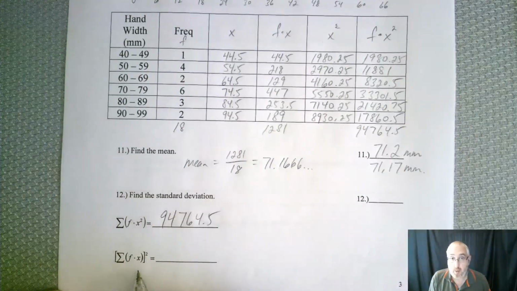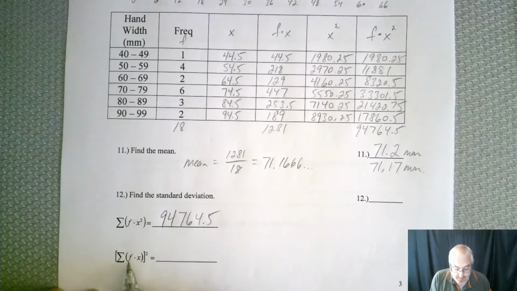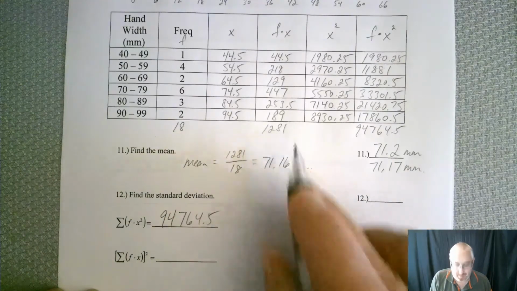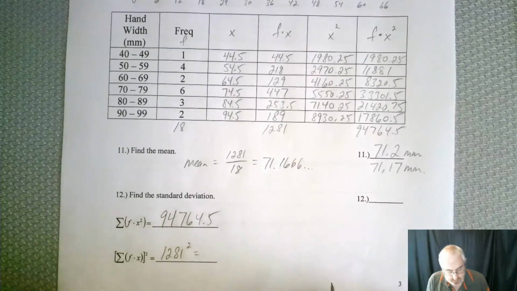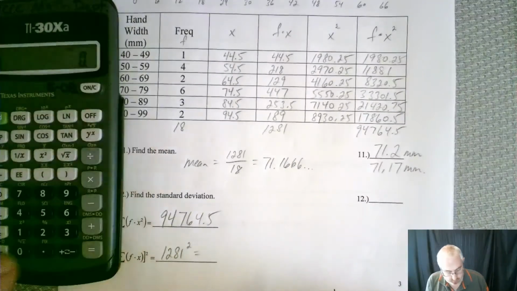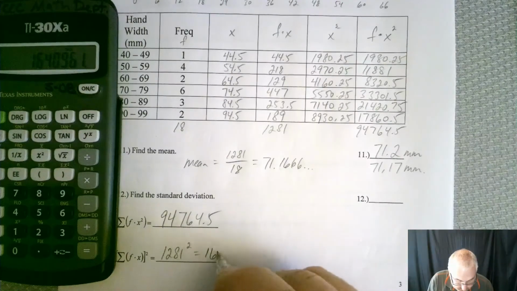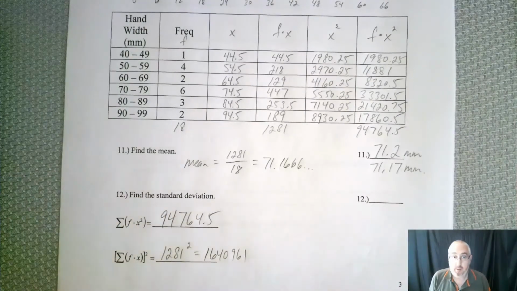Now for the second one, it's a little bit confusing because you got all the brackets and stuff like that, but they want you to add up the f times x column and then square it. And we already added up the f times x column. So all you need to do is take this 1281 and square it. So 1281 squared is 1640961. So that will give you that sum.